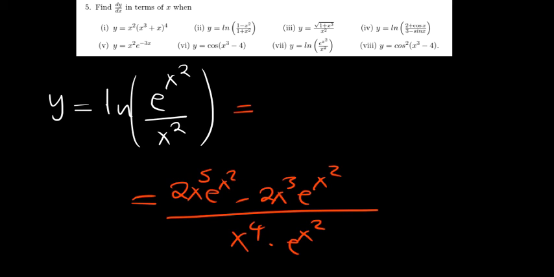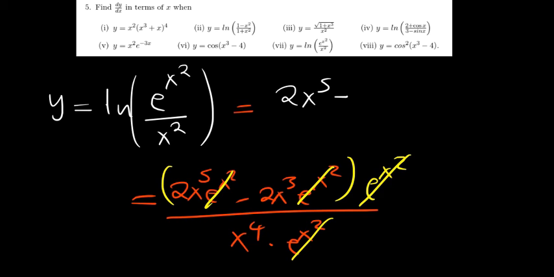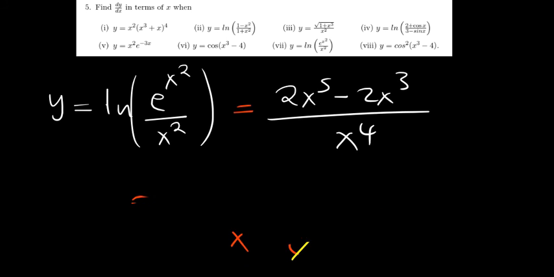So if you pull out e to the power x squared, it is going to divide with 1 on the bottom. So what remains as your solution is 2x to the power 5 minus 2x to the power 3 over x to the power 4. Of course you can go on and simplify that.